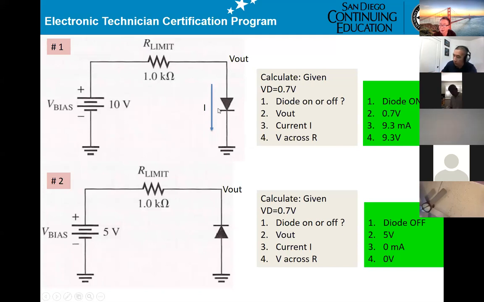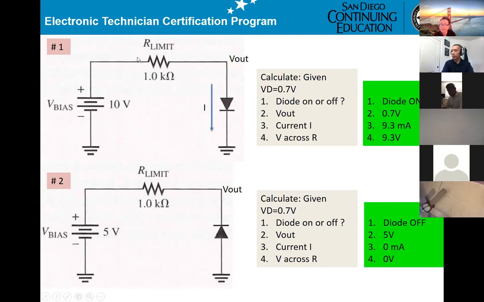If we calculate Vout, when the diode is on, you substitute the diode by the battery, 0.7 volt. When you measure across the battery, you get that voltage, so 0.7 volt. And they want to get the current I flowing here. You get 10 volt here, 0.7 volt here.